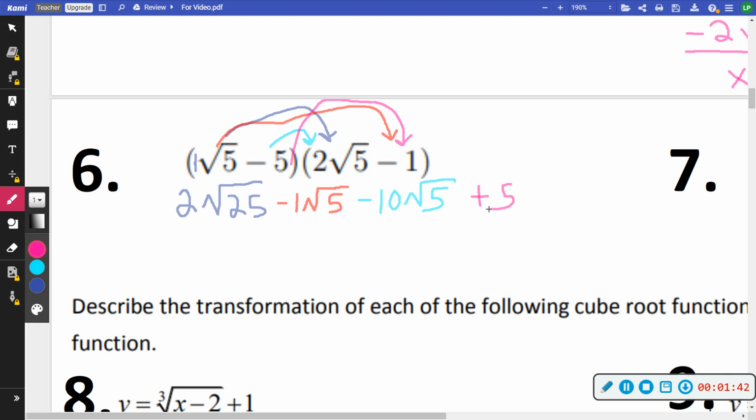Now let's simplify. Square root of 25 is 5. So I got 2 times 5, that'd make that 10. And then I see also that these two are both radical 5s. So if I take -1 square root of 5 minus 10 square root of 5, that'd be -11 square root of 5s.